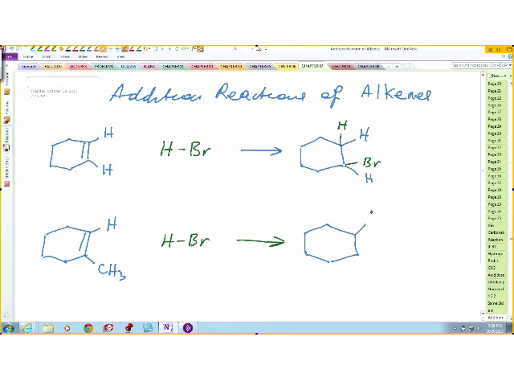The hydrogen will come to the carbon that has more hydrogen. The hydrogen will go to the carbon that has more hydrogen, and the bromine will go to the carbon that has less hydrogen.